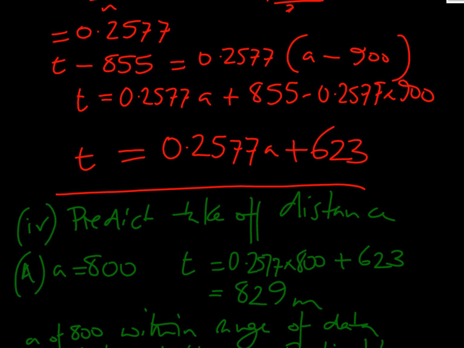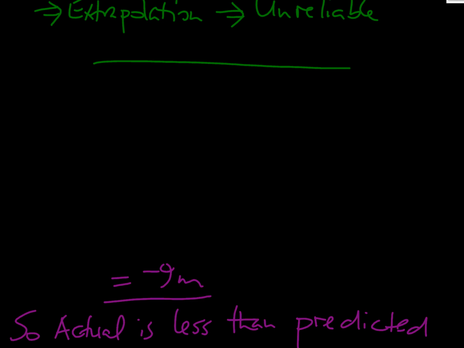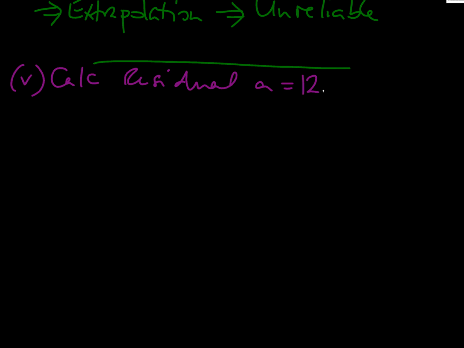Okay. So let's do that. Let's calculate residual. A equals 1200 and T actual was 923 meters, wasn't it?